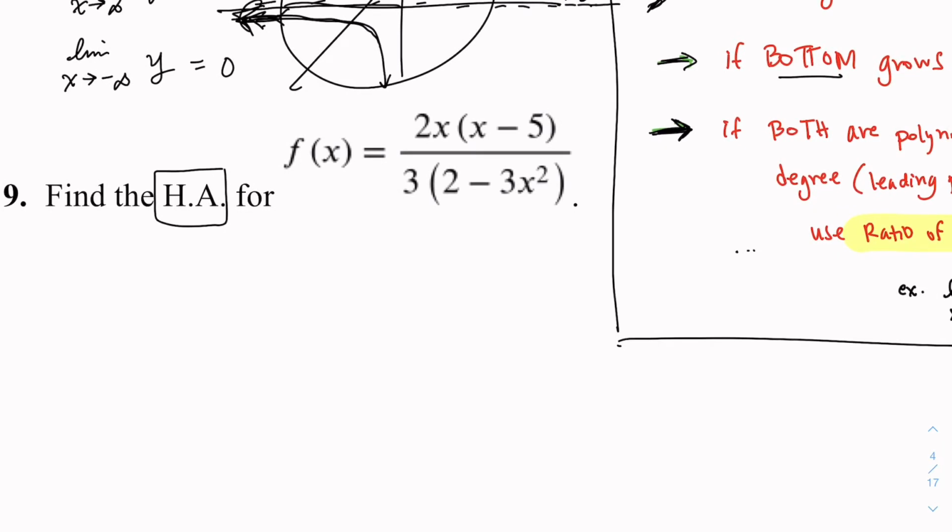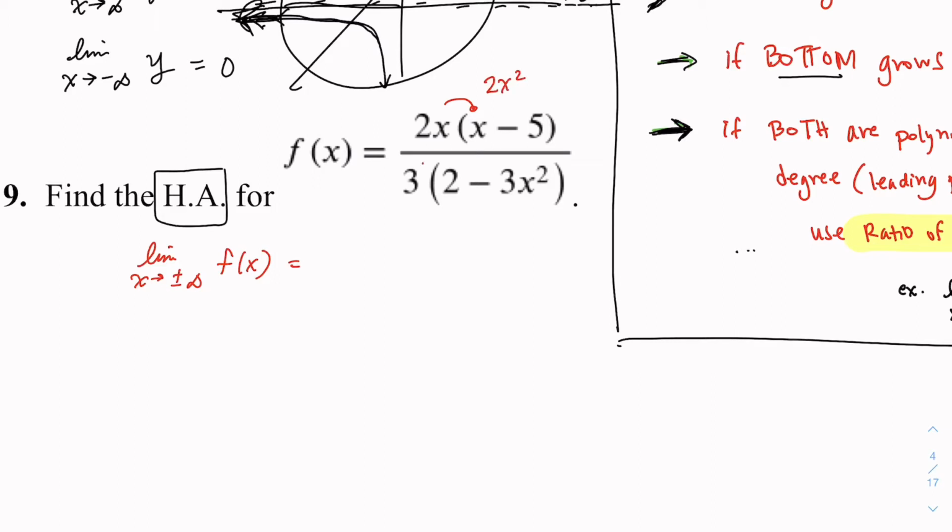So we need the horizontal asymptote, which just means the limit as x approaches infinity. Actually, both positive and negative infinity. Let's observe the highest degree on top. When I multiply this out, I would get 2x squared on top.